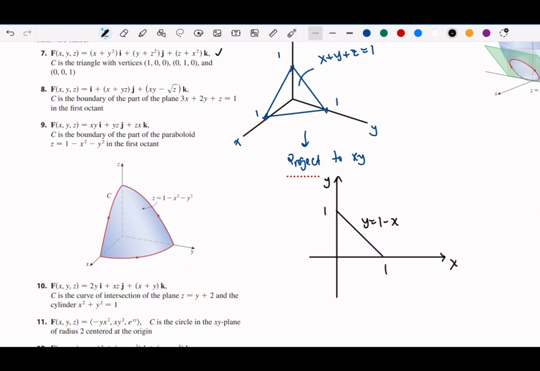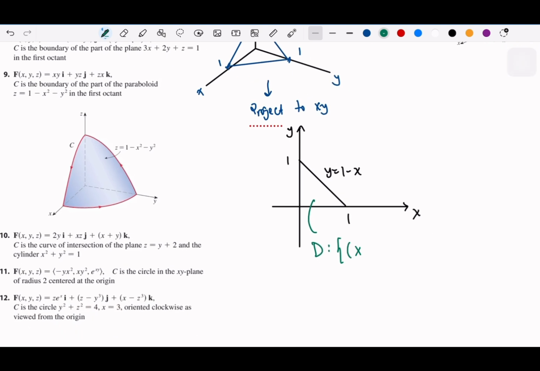We can get the idea from, let's say this is D. We can take this D. Let's say we start with the constant x. So 0 to 1. And how about y? y will start from 0 to 1 minus x, right? Okay?